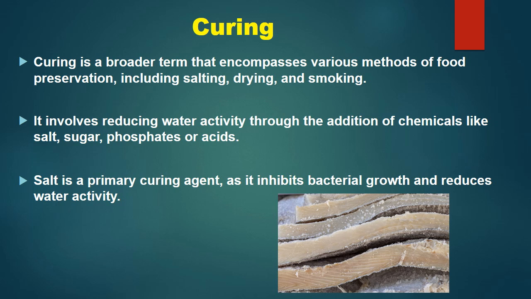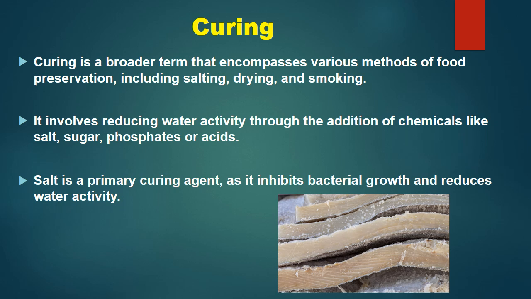So let us understand a little more detail about curing. Curing is a modern terminology of application of salt for preservation along with other ingredients. It's a broader term that encompasses various methods of food preservation including salting, drying and smoking. It involves reducing water activity through the addition of chemicals like salt, sugar, phosphates or sometimes some acids.